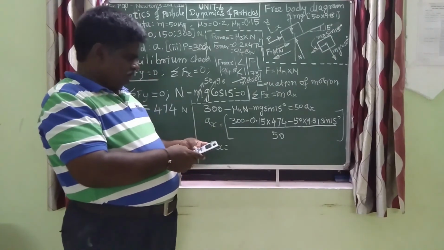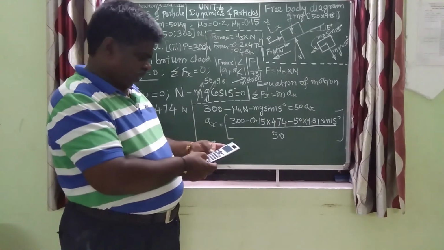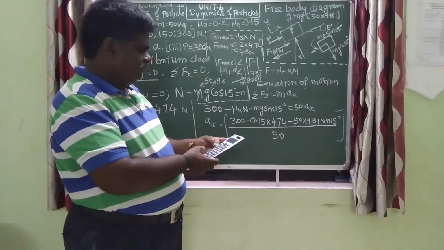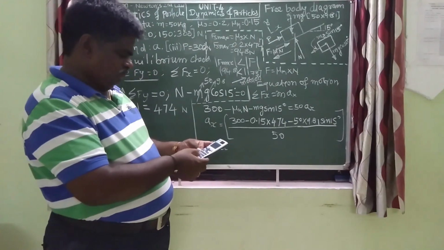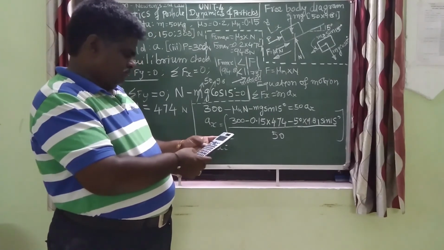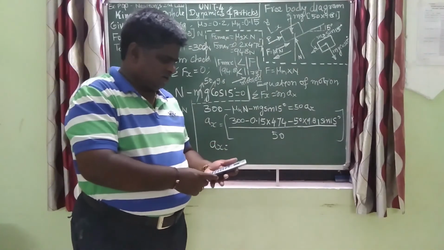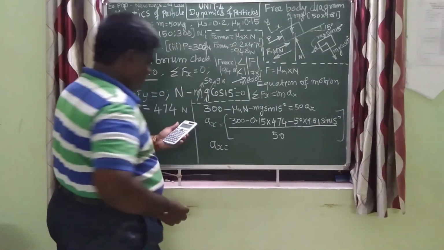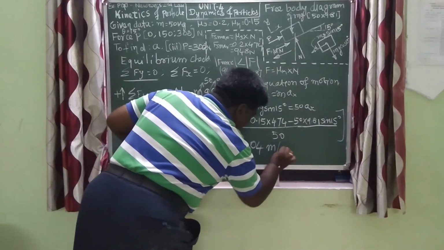Open the bracket: 300 minus 0.15 into 474 minus 50 into 9.81 into sin 15 degree, divided by 50. So we got 2.04 meter per second square.